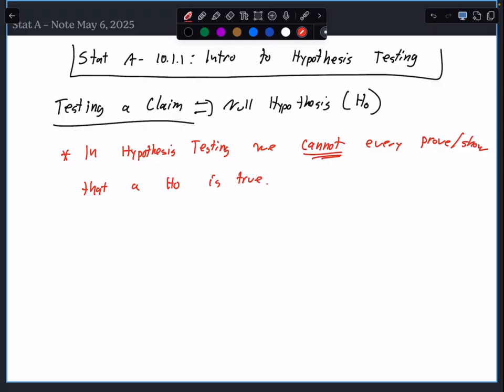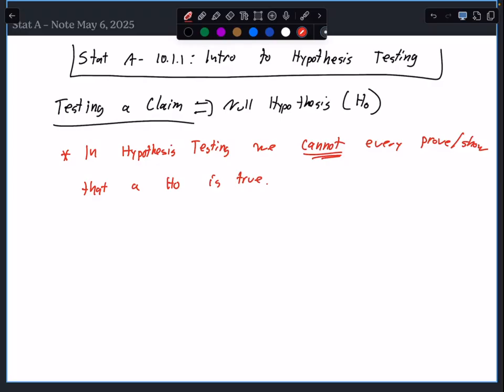That's why when the jury reads their verdict, they don't say we find the defendant innocent. Never have they ever in the United States said that, never once, because you cannot prove innocence.